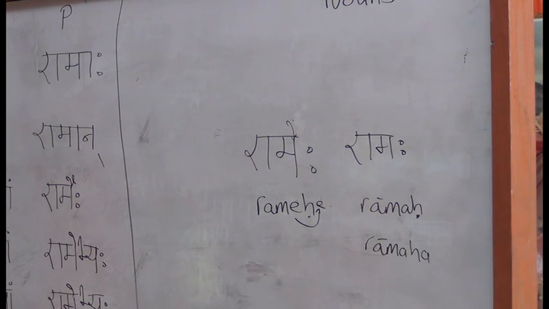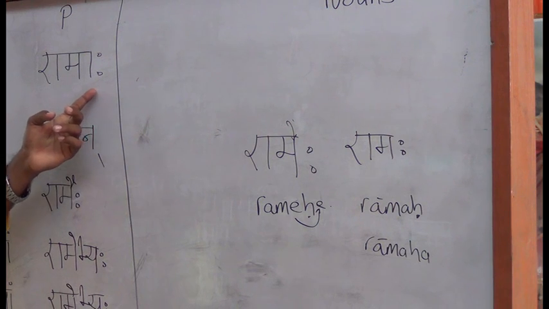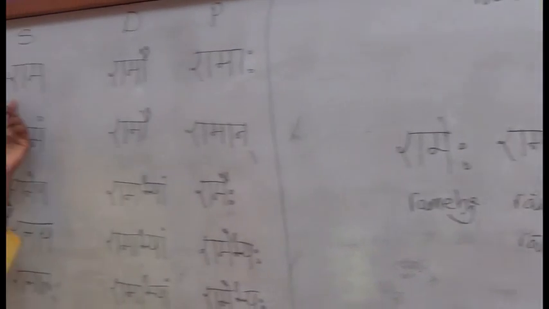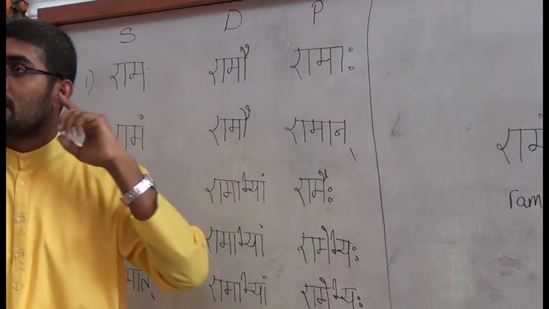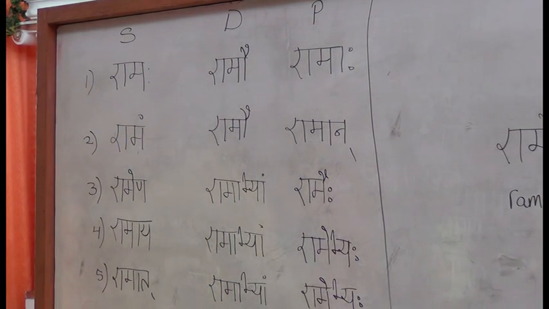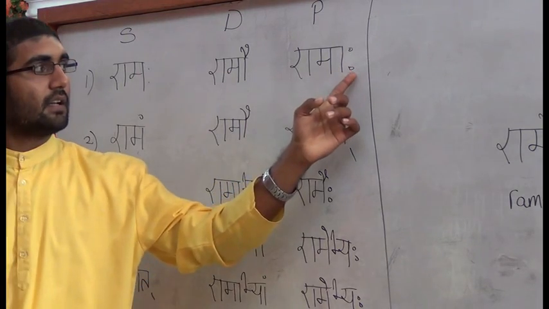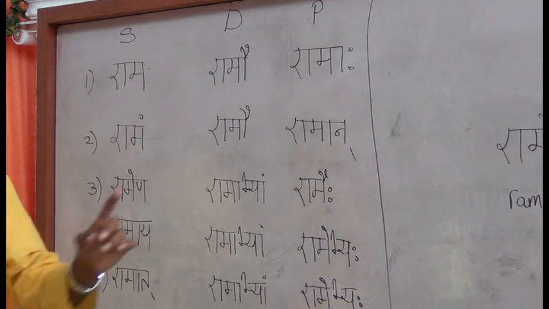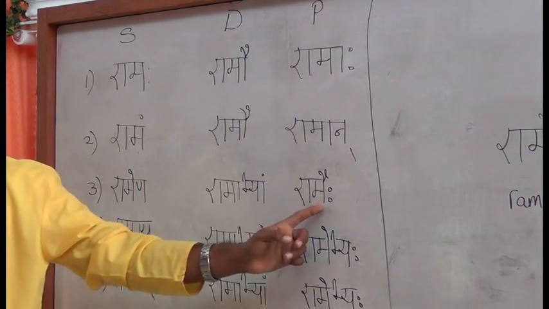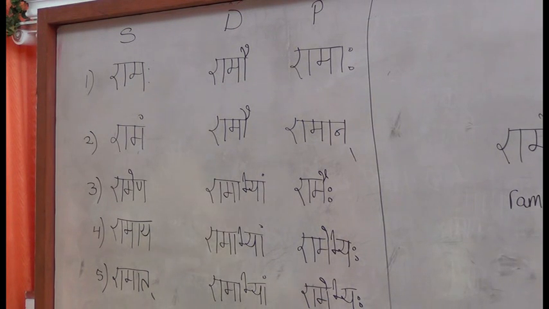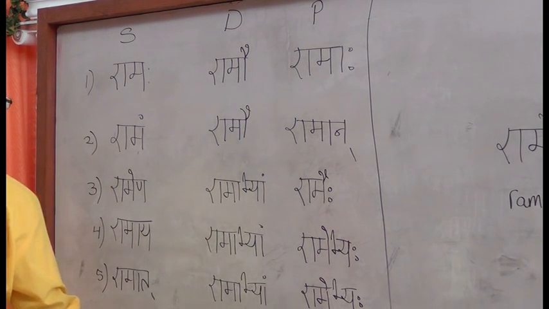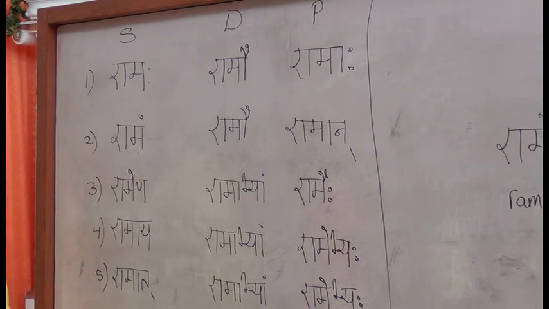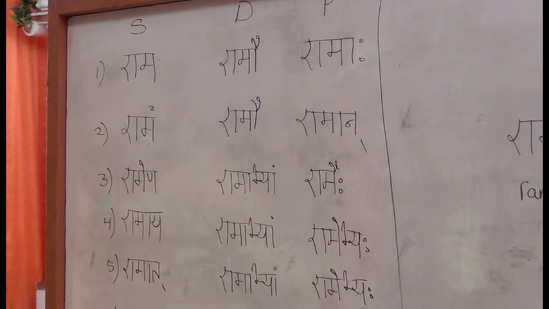So if it ends with a, it will be Ramaha. You hear? So the visarga reflects basically the last vowel. So here we have Ramaha, here we have Ramehi, here we have Ramayoho. You hear it? You hear the double?